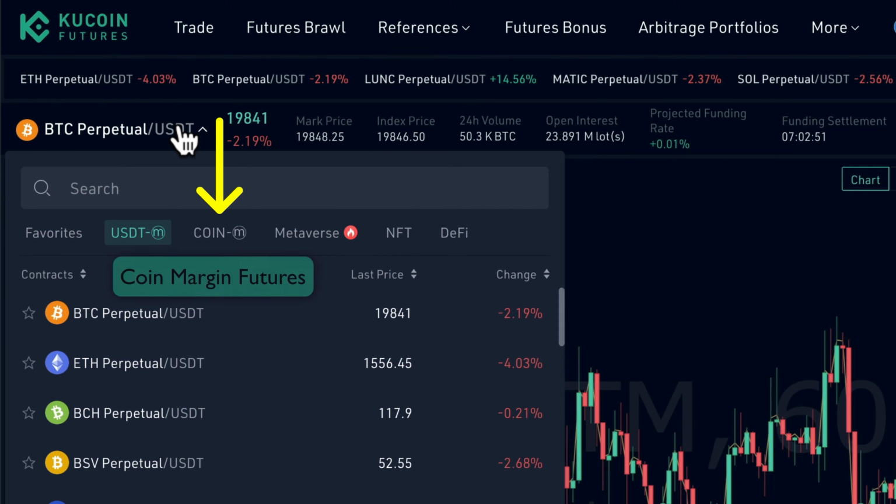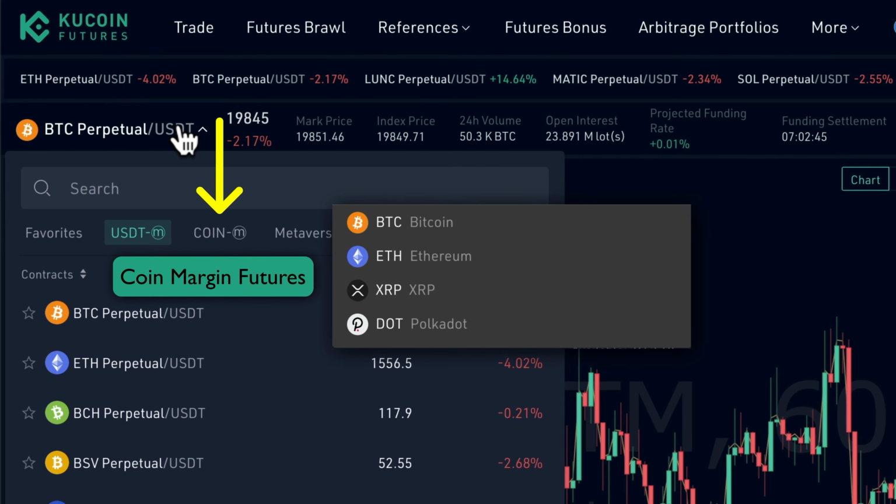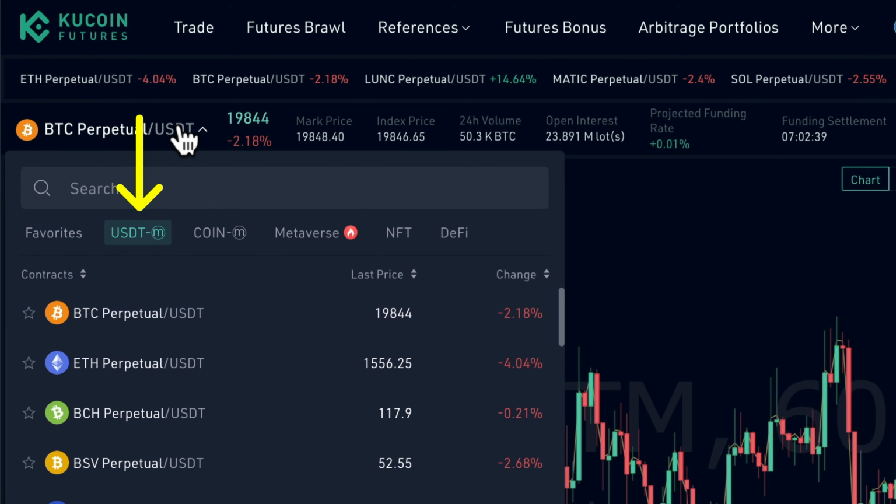CoinM stands for coin margin futures and means that these futures are settled in coins, so we would need Bitcoin, Ethereum, Polkadot, or Ripple to trade these futures. Most people trade USDT-M futures because it does make sense to use a stablecoin as margin rather than an asset like Bitcoin or Ethereum, which fluctuates in price a lot. Also, there's a lot more contracts to choose from in the USDT-M future market.